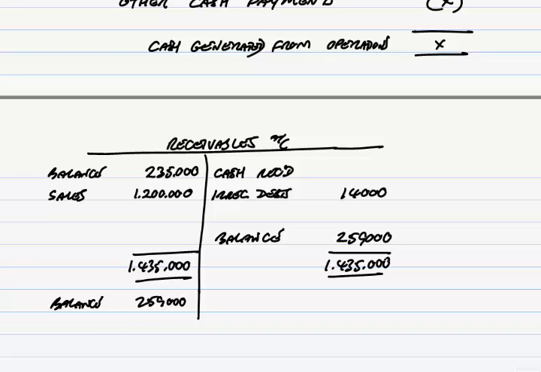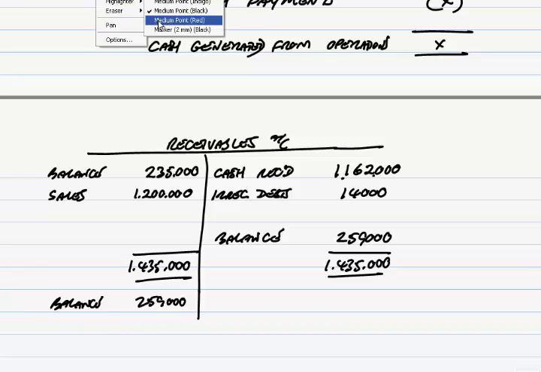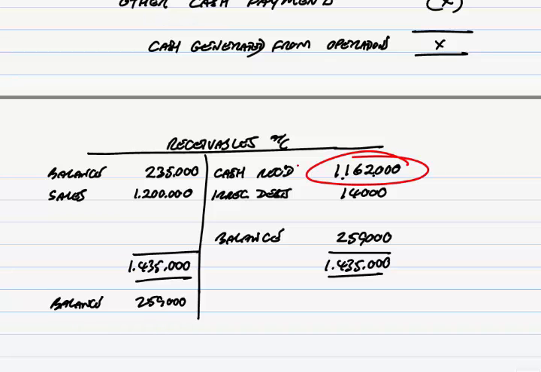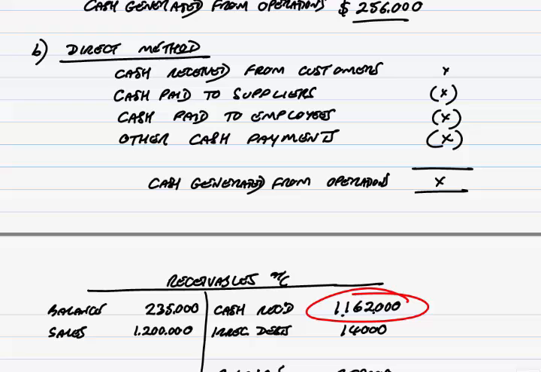And so the missing figure, I think, is 1,162. And there is the first of the figures we need. So let's fill it in the statement. Cash received from customers, 1,162.